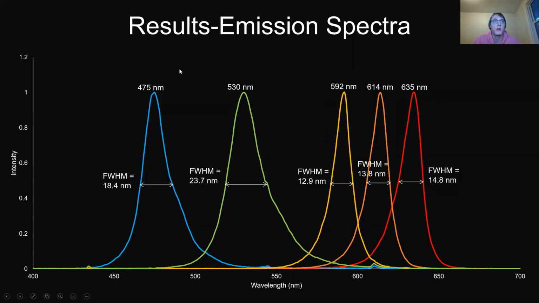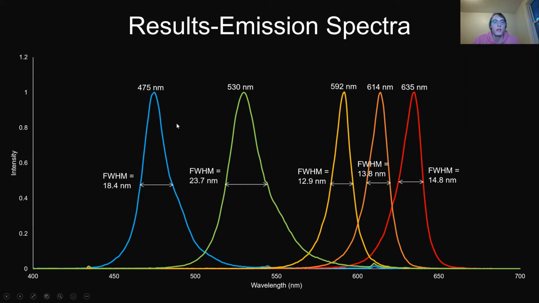So the first set of results we have is the emission spectra collected. As you can see, we collected emission spectra for each LED and obtained these graphs. And we noted the lambda max above each spectra and the full width half max next to each spectra.